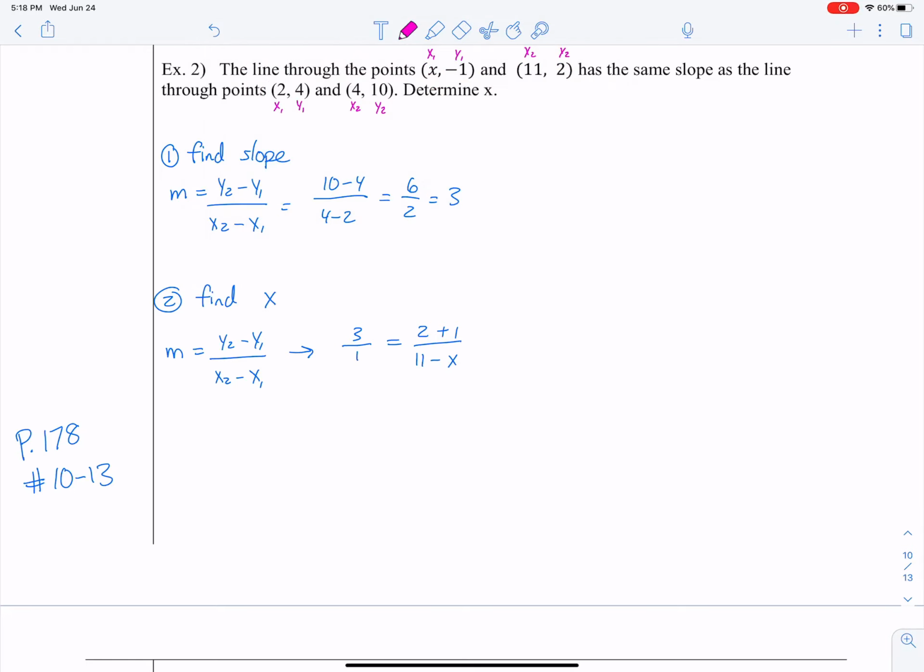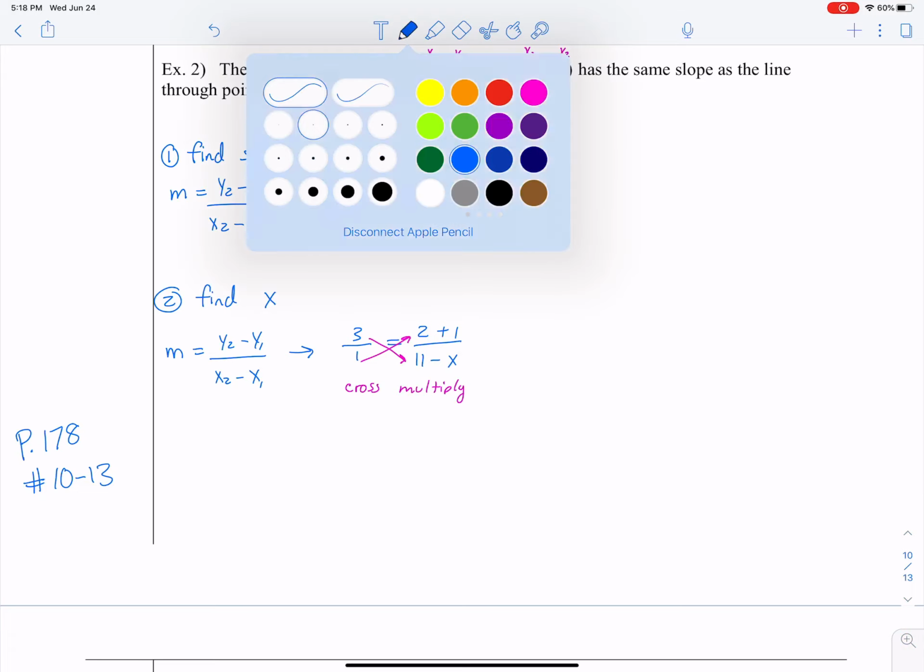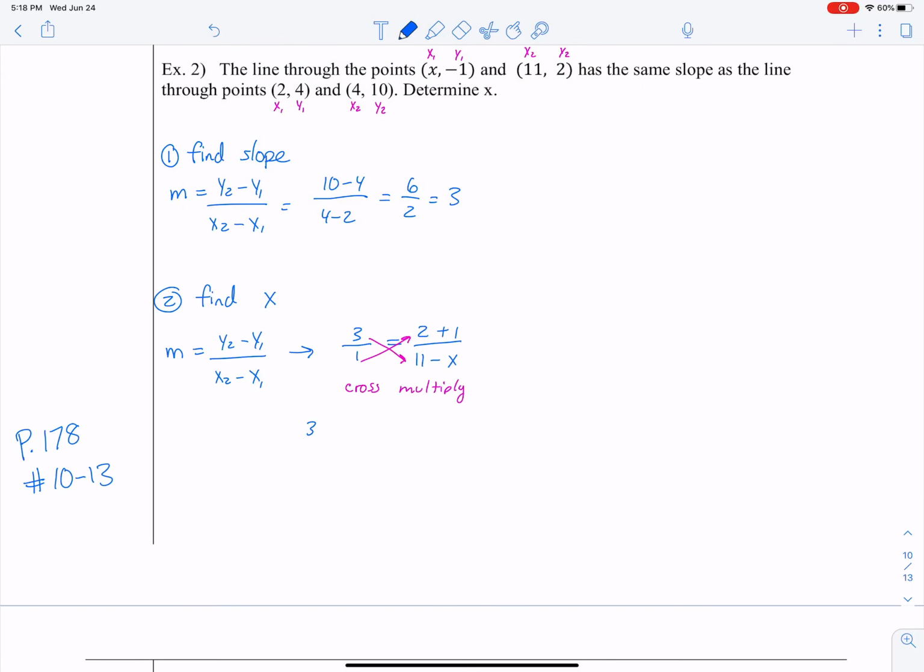Then I'm going to cross multiply again. That's the step. Cross multiply. So I get 3(11 minus x) is equal to 1(2 plus 1).